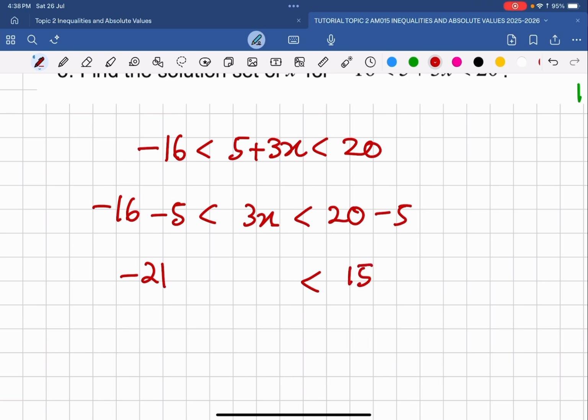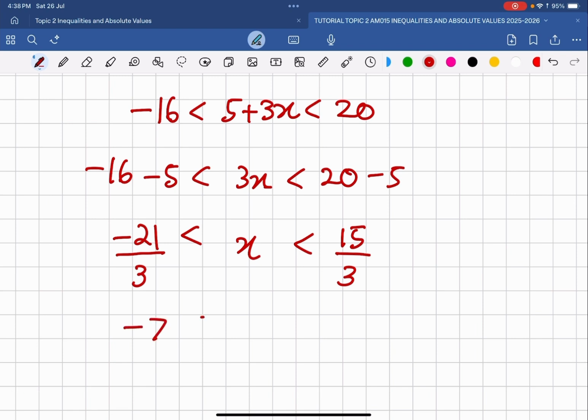What we're going to do next is divide by 3, so there is just x in the middle. Negative 21 divided by 3 is negative 7, and 15 divided by 3 is 5.